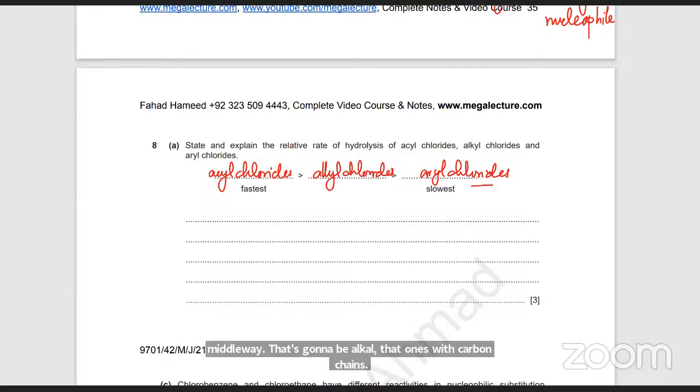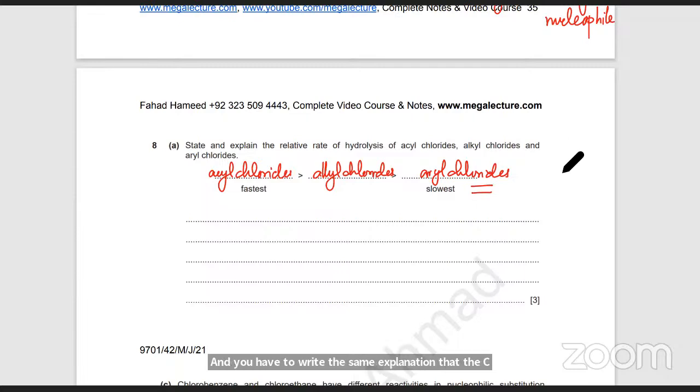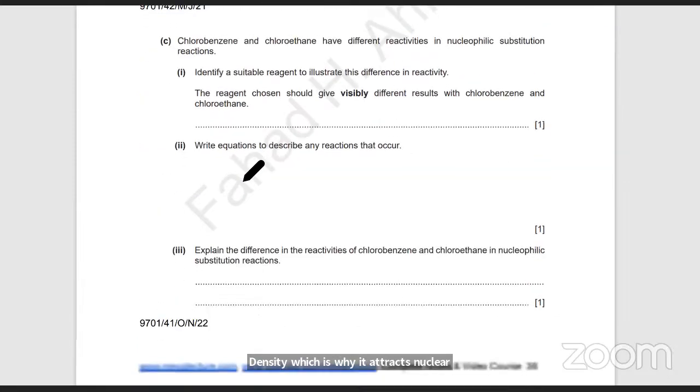And you have to write the same explanation that the Cl lone pairs overlap with benzene, the C–Cl bond charge density increases and it becomes strong, and it repels any nucleophile. For acyl chloride, the carbon is bonded to two very electronegative atoms, which gives it a very strong partial positive charge density, which is why it attracts nucleophiles very, very strongly.